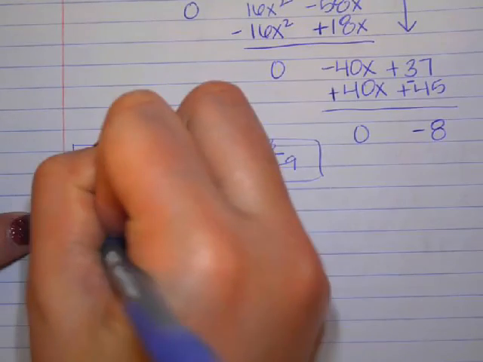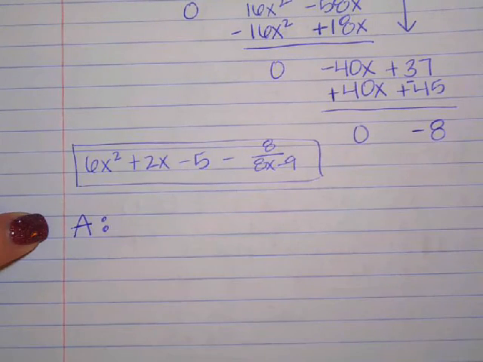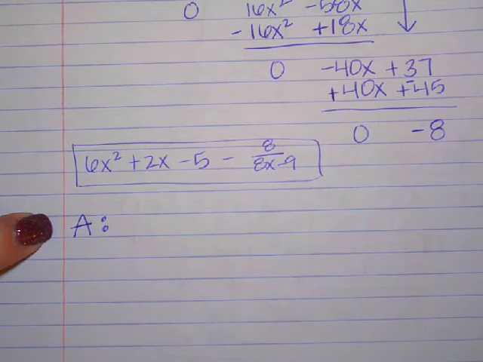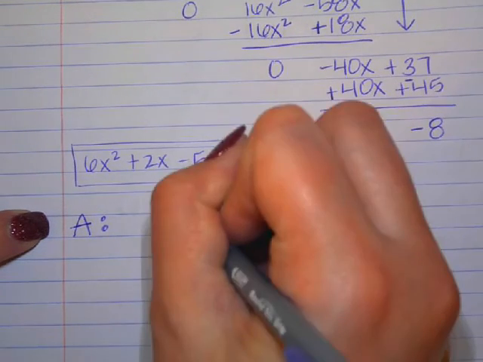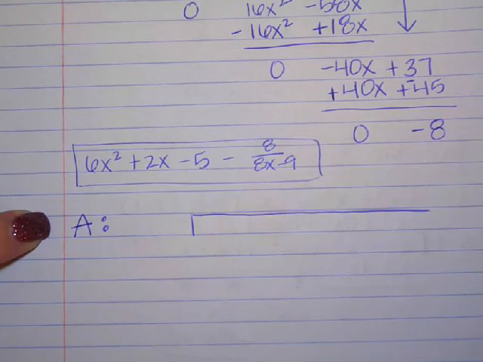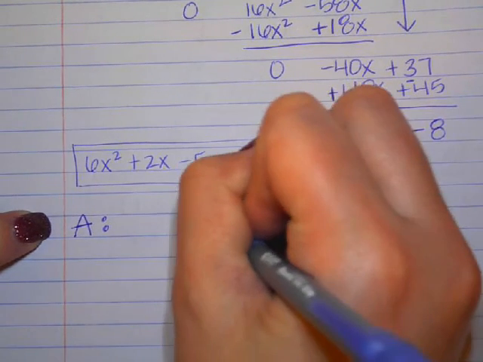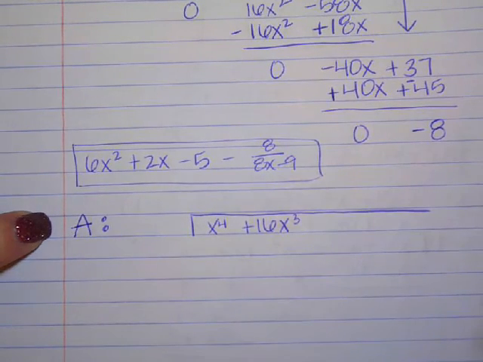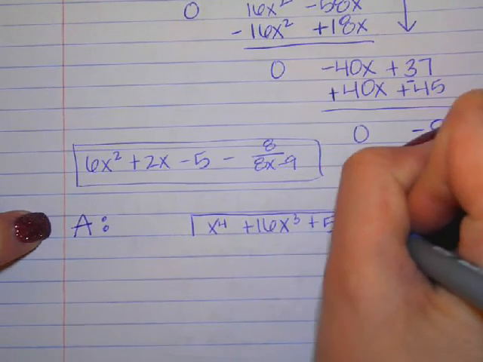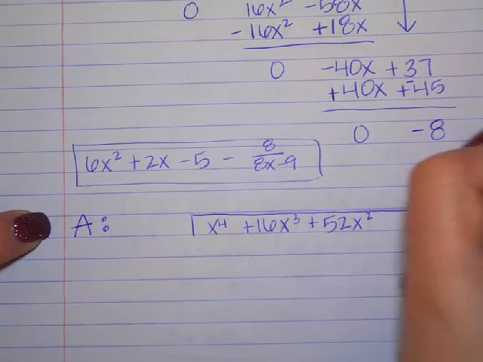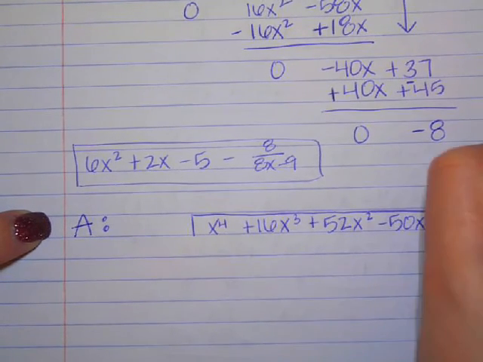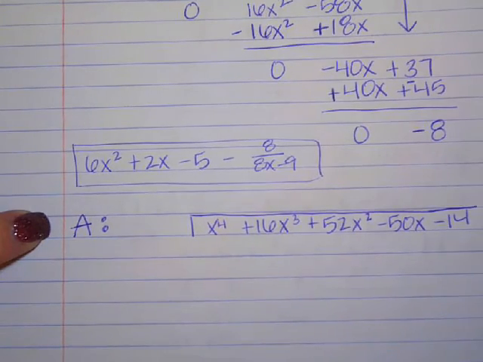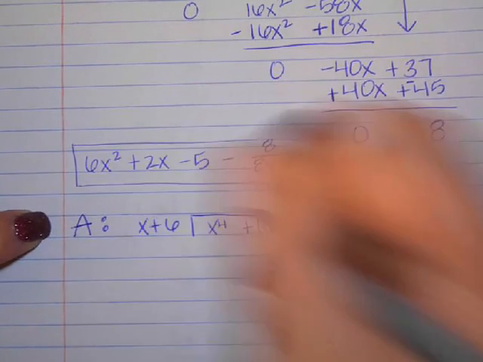On your papers, you're going to start with card A. And the problem at the bottom says x to the 4th plus 16x to the 3rd plus 52x squared minus 50x minus 14 divided by x plus 6.